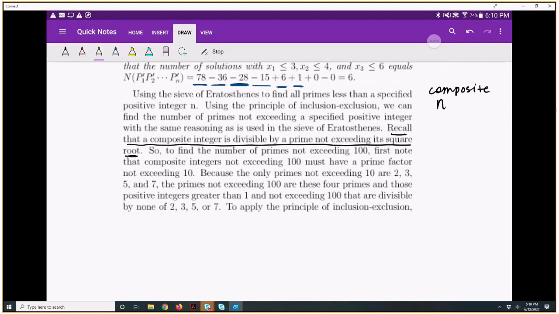So the way the sieve of Eratosthenes would work is you would write out all of the integers between 1 and 100. I won't write them all, but let's say we write the first 20, let's do 30.